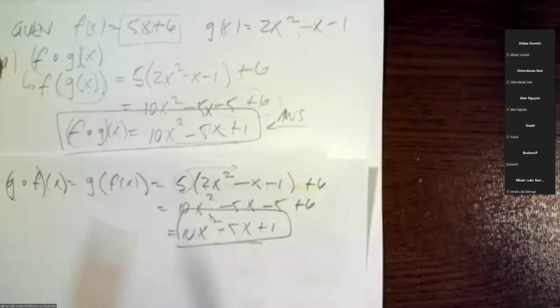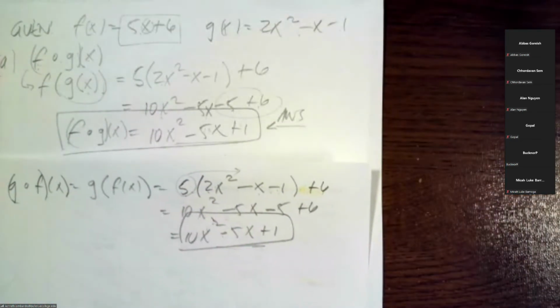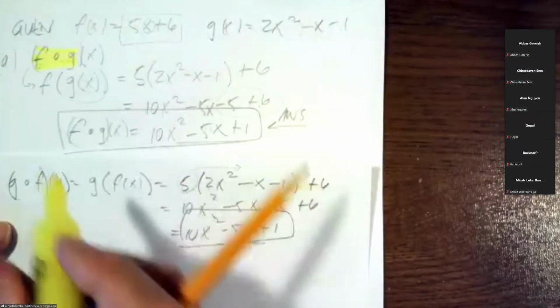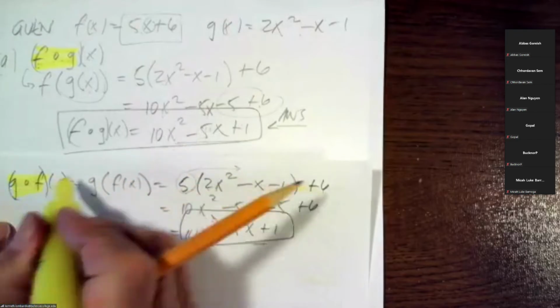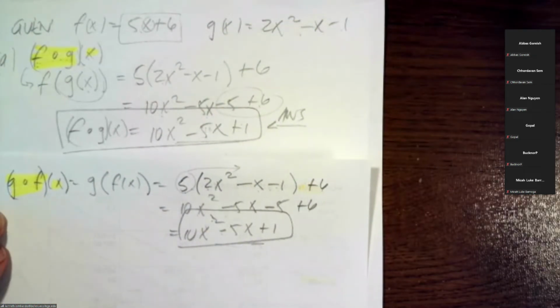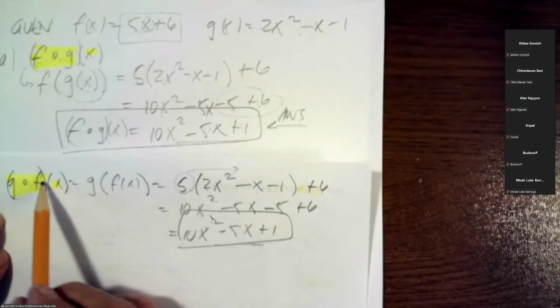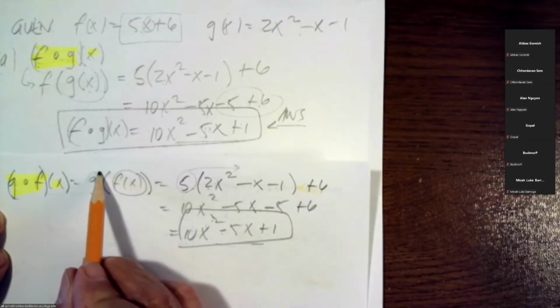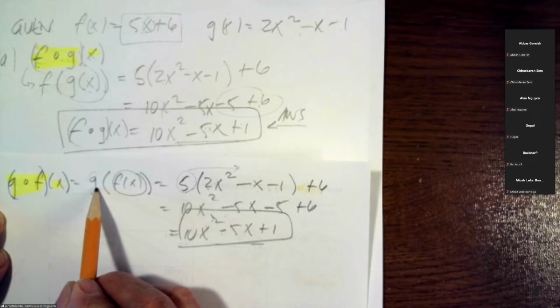What were we asking? The first one we were asking f of g of x, and the second one we're asking g of f of x. Okay, do we think those are going to be the same? Well, this says take f of x and plug it in everywhere you have an x in the g function.